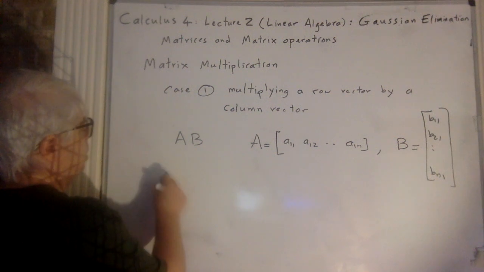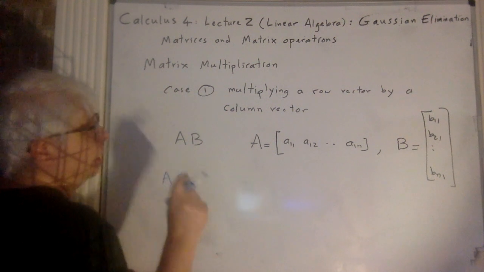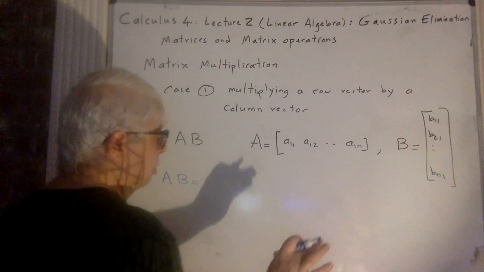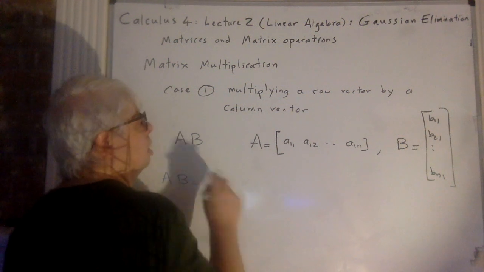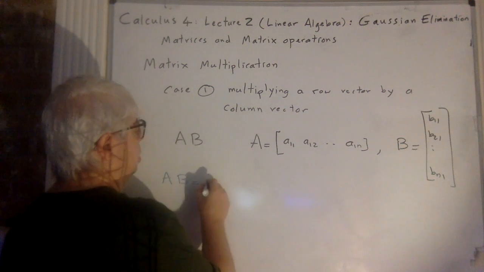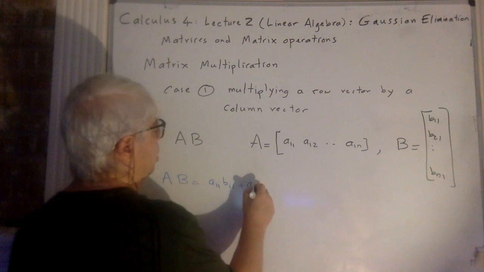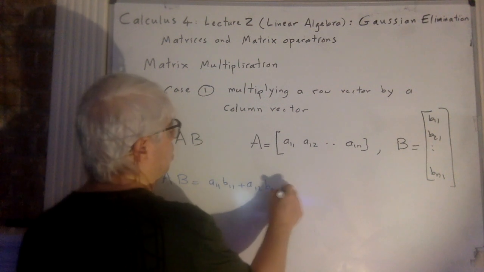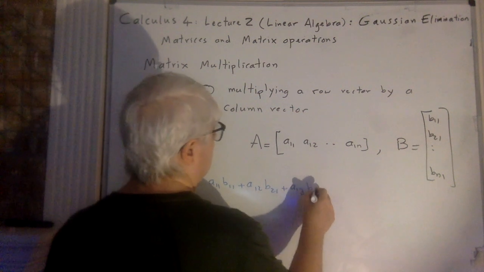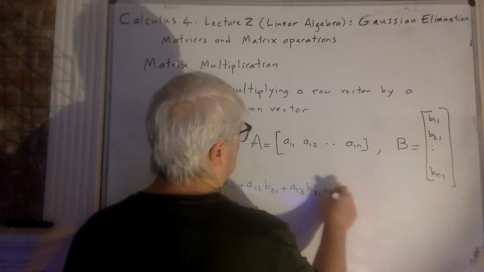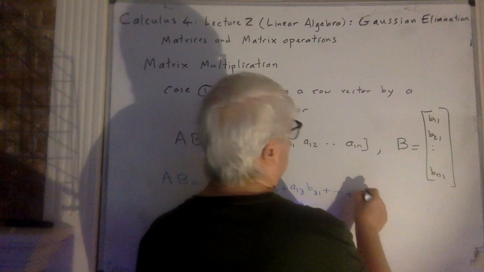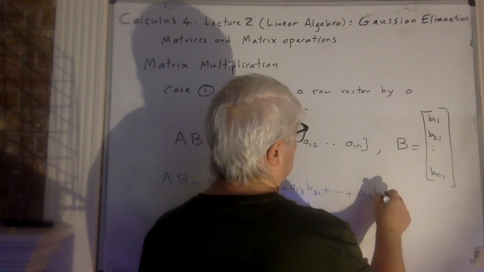So A, B, I define it to be a real number, a number. It's a number, or a 1 by 1 matrix, so it is A11, B11 plus A12, B21 plus A13, B31 up to A1n, Bn1.